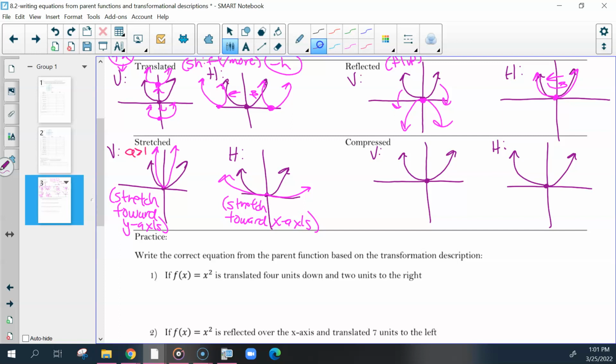It's shrinking toward the x-axis, so when you draw it, it looks wider. But for horizontal compression, it's shrinking toward the y-axis, so it's going to get narrower.